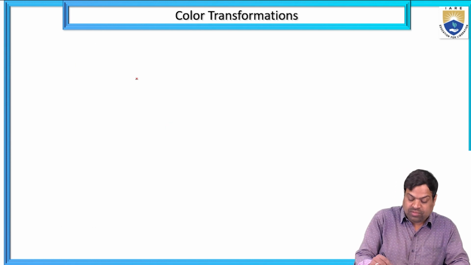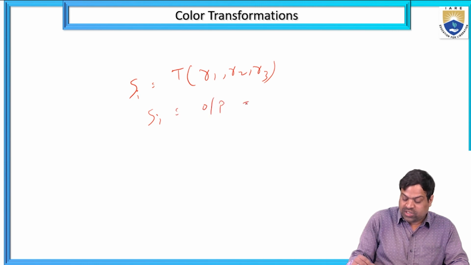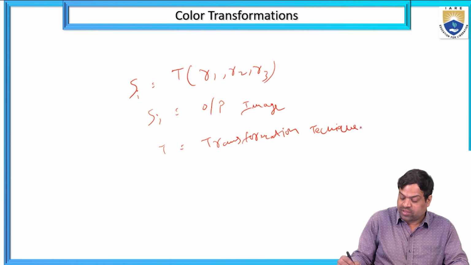So, s_i is the output image, T is the transformation technique, and r1, r2, r3 are the input image pixels.